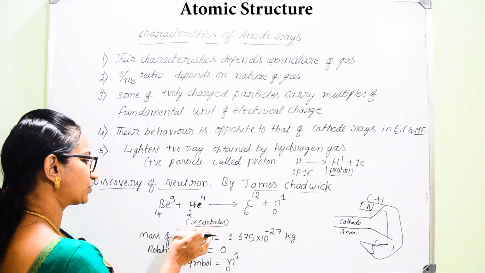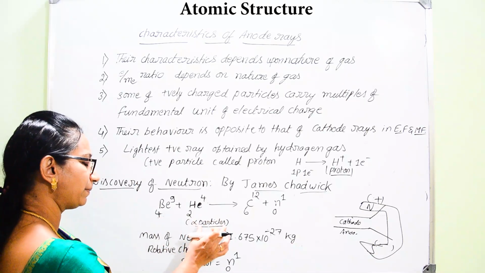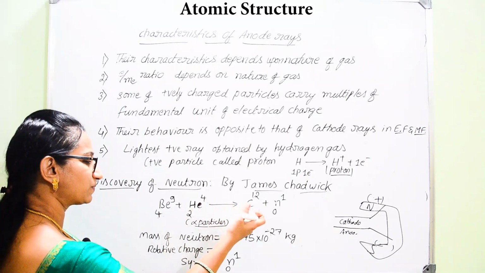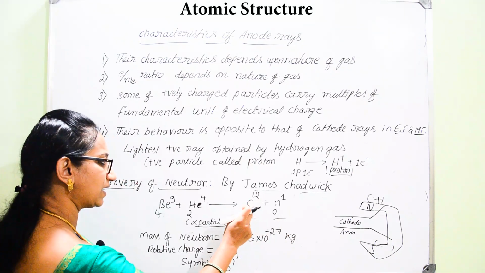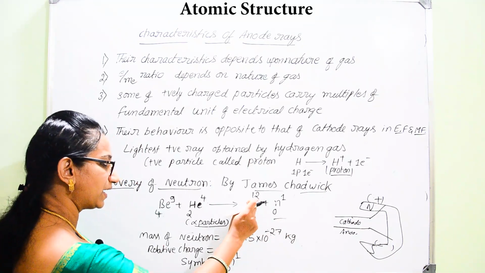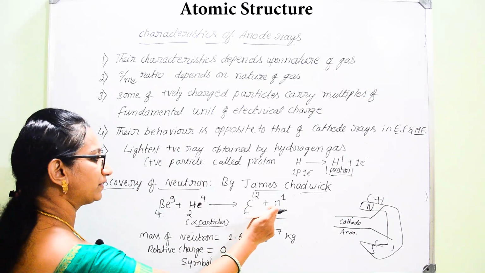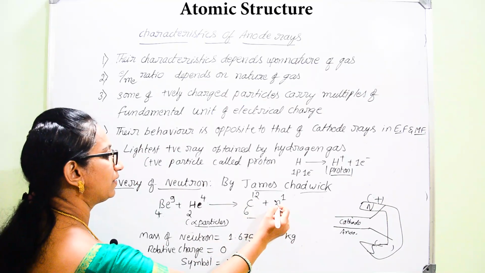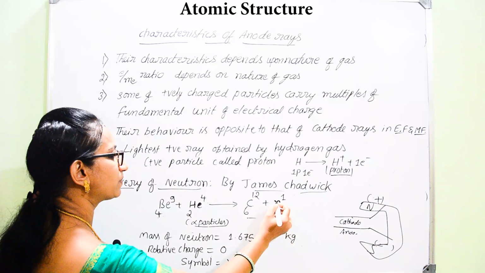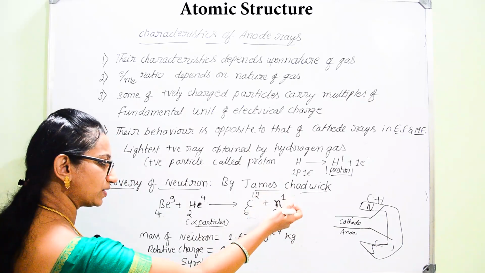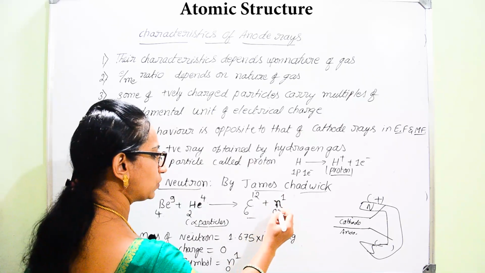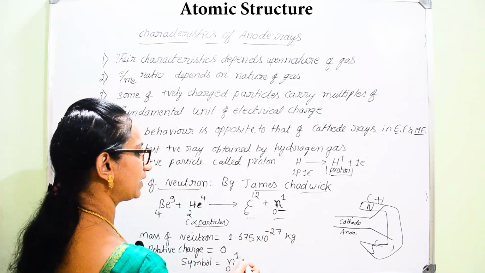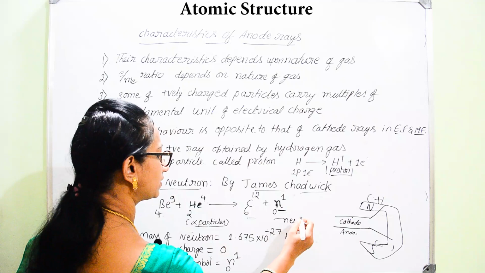On strong collision between beryllium and helium particles, there was the formation of a carbon isotope, carbon with atomic number 6 and mass number 12. And here there was also formation of certain particles. Those particles were neither attracted towards the anode nor towards the cathode in an electric field. Those particles were given the name neutrons.